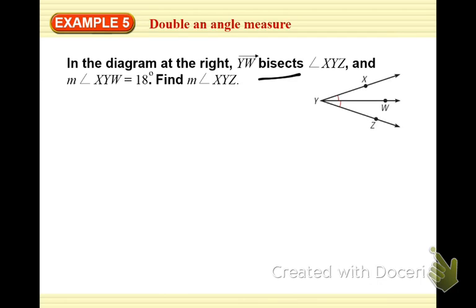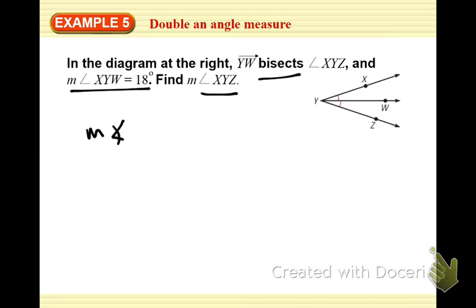Again, we have to be pretty good at sketching these pictures. If we don't have one, you have to understand that if YW bisects angle XYZ, how you want to draw that, because having a visual aid is really going to help in setting this problem up. Okay, so we know that angle XYW is 18 degrees, and we want to find the measure of angle XYZ. Again, I'm going to employ the angle addition postulate.